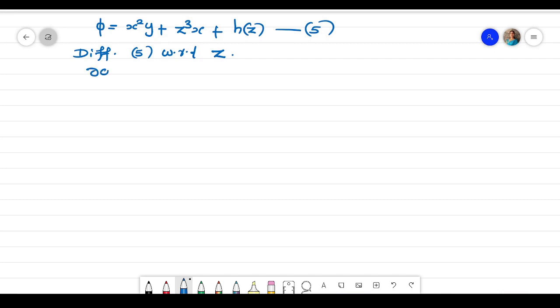So what is our dou phi by dou z now? Dou phi by dou z is equal to, here its derivative becomes 0, and here its derivative becomes 3x z square, plus derivative of h of z, that is h dash of z.